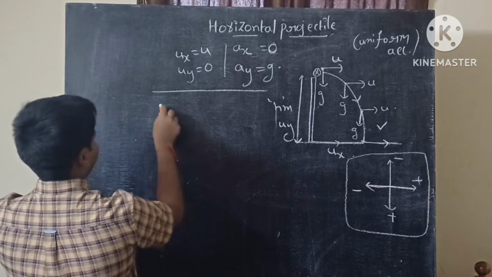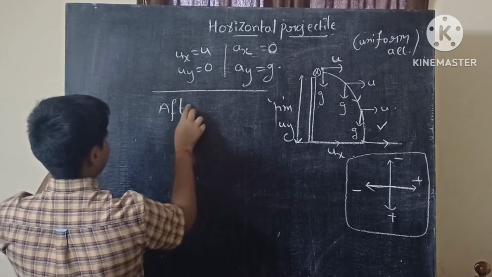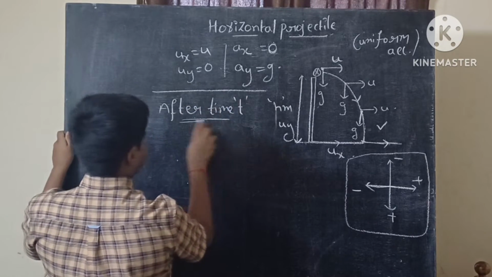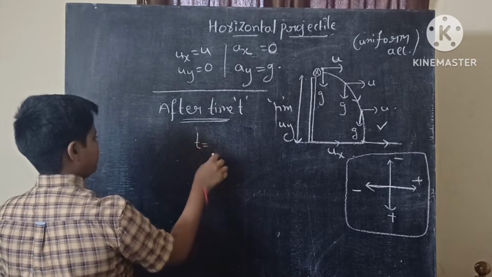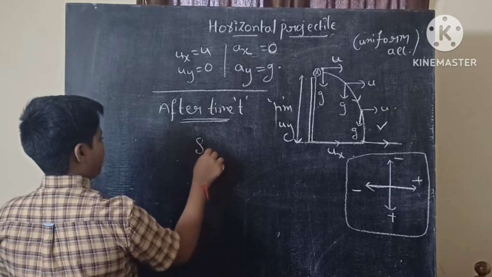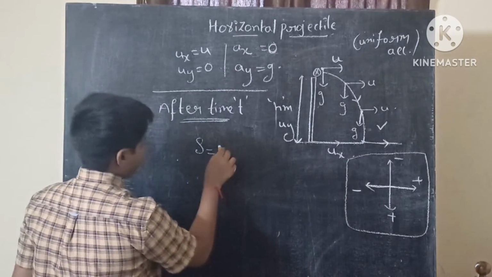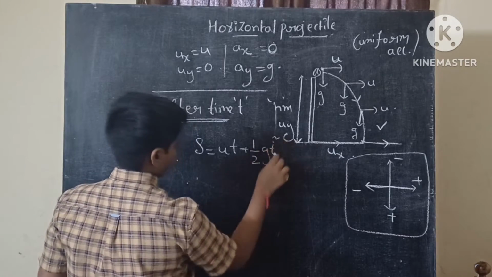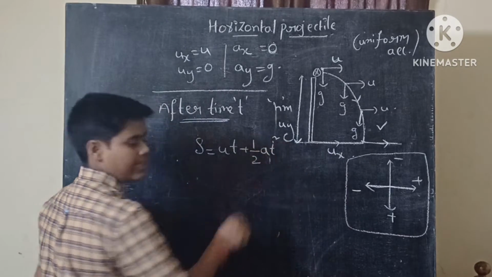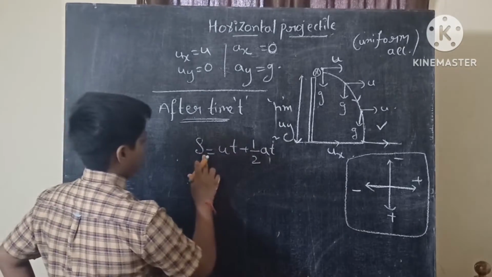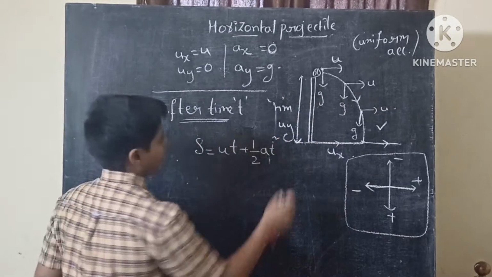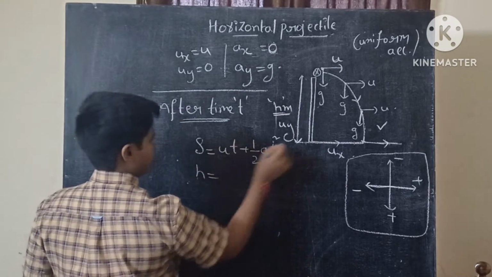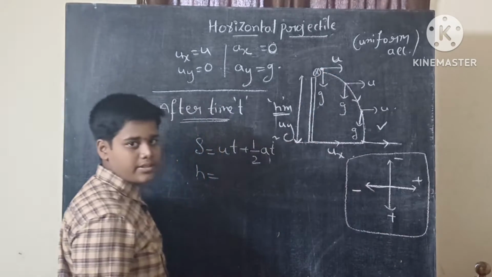So if I take a time t, here I am using the equation of motion, s equals ut plus half gt square. Here s means this tower distance, which is h. The initial velocity is 0, because initially it travels with 0.